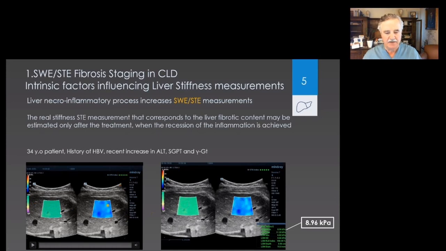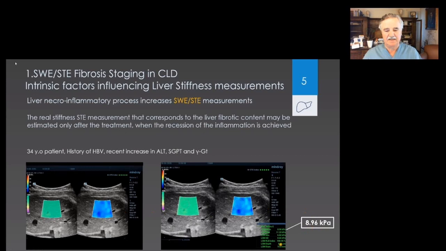Then you can measure, as we have done here. Of course, we are going to avoid vessels, and we see this number in kilopascal, which is of course pathologic.